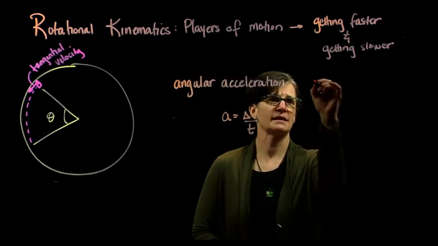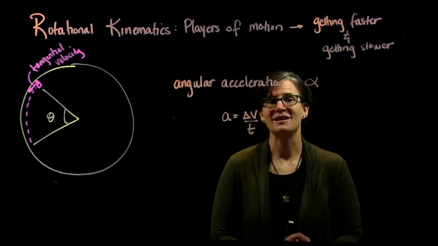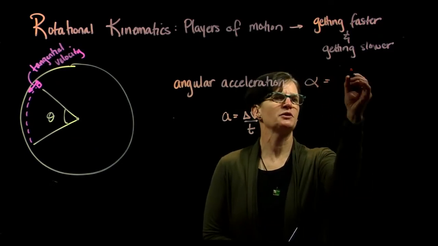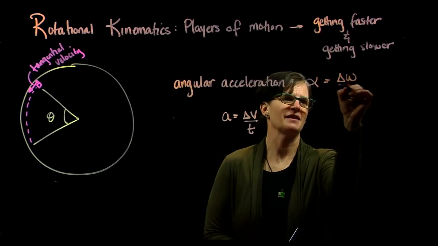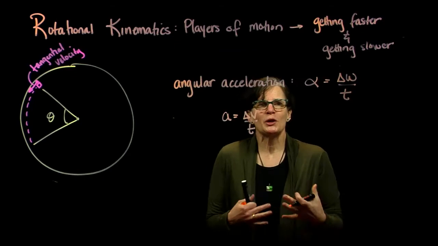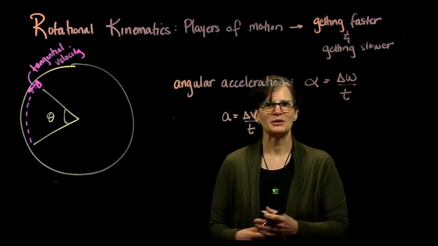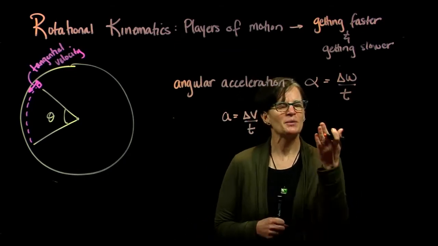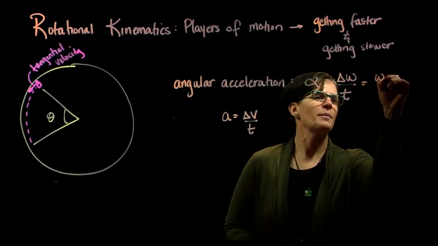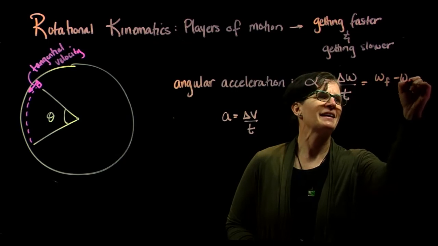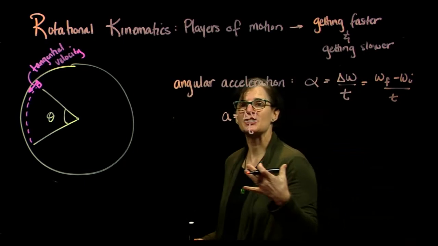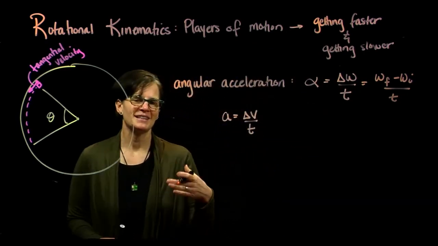Well, our angular acceleration, we're going to use the variable alpha. Our angular acceleration is equal to our change in angular velocity over time. And so we follow that same parallel. So remember, this is omega final minus omega initial over time. So that's our definition of angular acceleration.